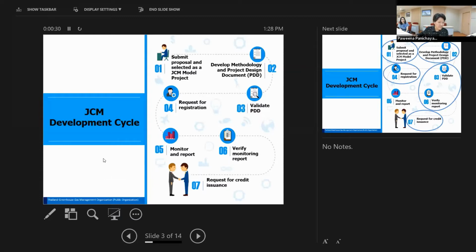For this session, I would give you more details about the status of each development cycle, which comprises seven steps.